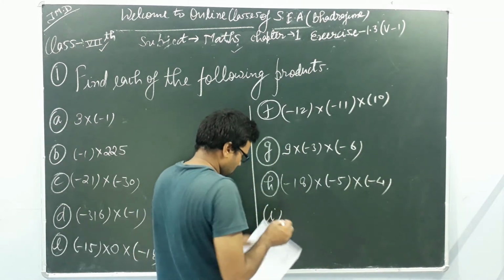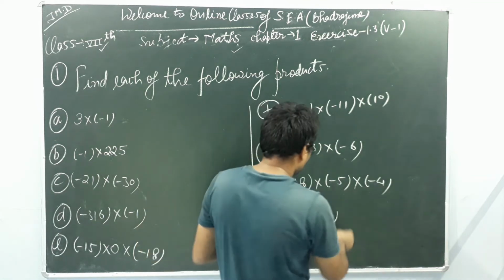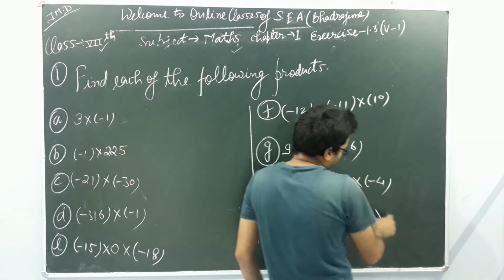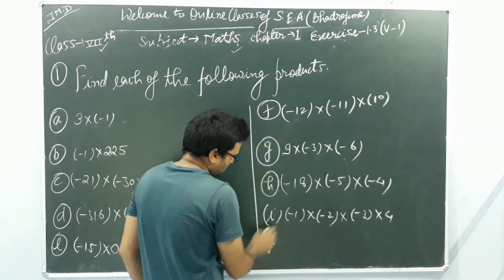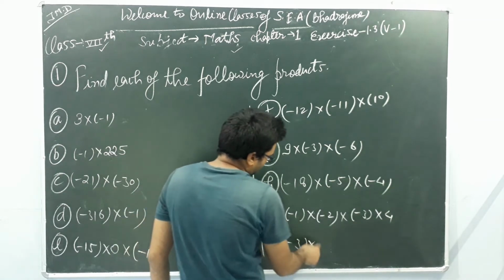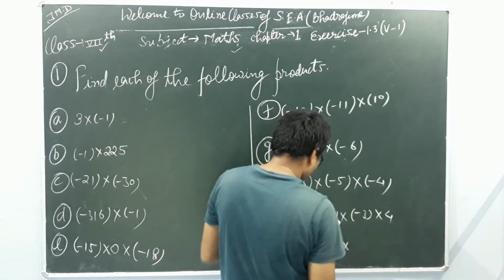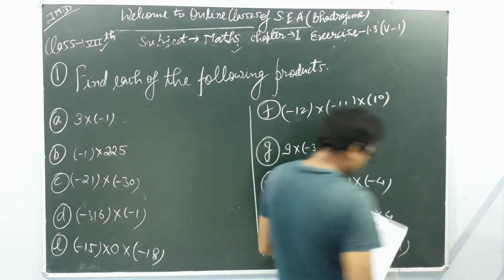Part I is minus 1 multiplied with minus 2, minus 3, and after that 4. Part J is minus 3 multiplied with minus 6, minus 2, and in the end minus 1.